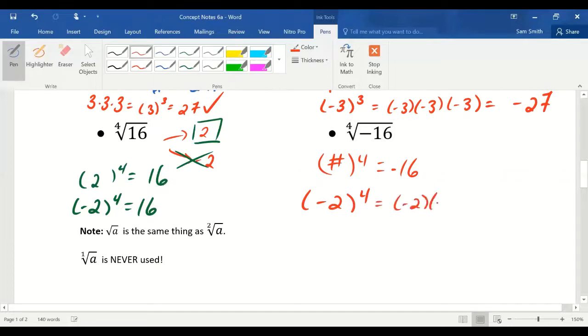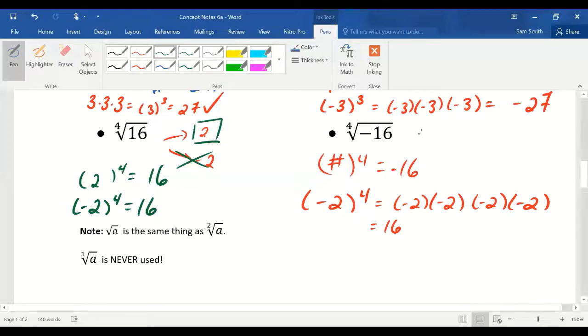Unfortunately, though, if you multiply negative 2 by itself 4 times, all the negatives will cancel out in pairs. Negative 2, that's positive. And in the back, negative 2 is positive. Now, because of this phenomenon of negatives canceling out in pairs, you're actually never going to be able to find a number whose 4th power is negative 16.